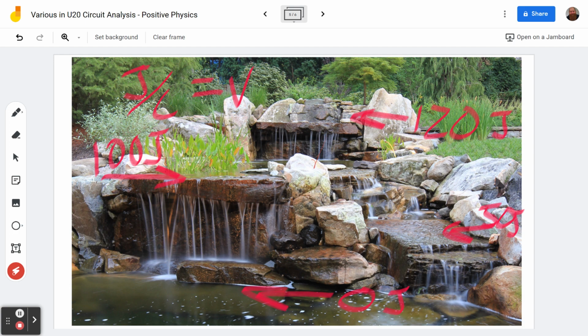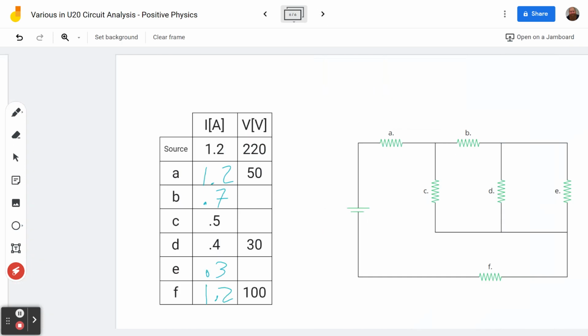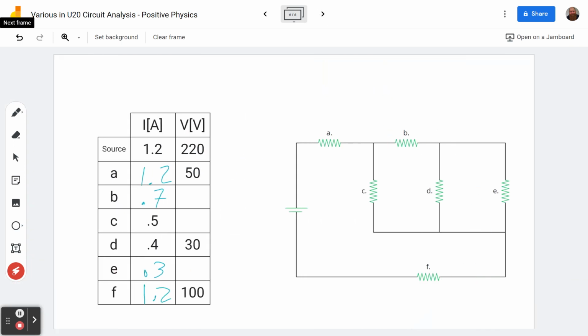So we could add up the amount we lose each time. We lose 20 there, we lose 10 there, we lose 5 there, we lose 10 there. And all of it has to add up to 120 because all the water ends up down here at the pool. So if we want to use that method, which is similar to what Jack Recklinger does in his video, we can look at this and say, hey, we're going to have to lose 220 total.